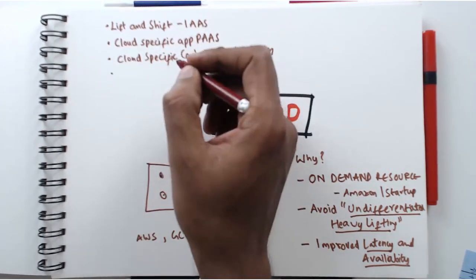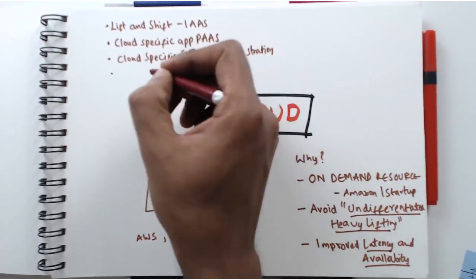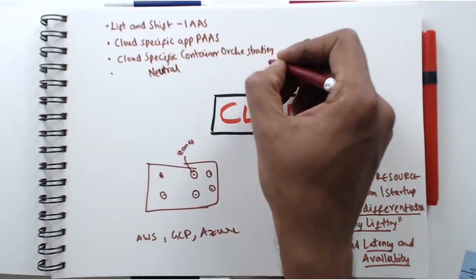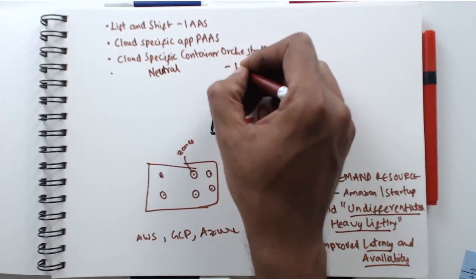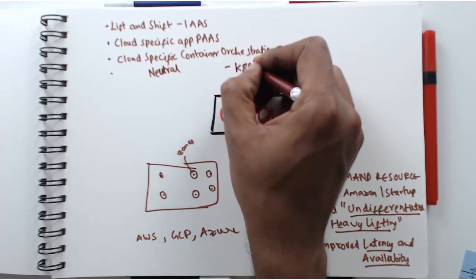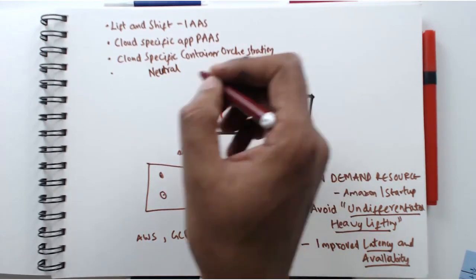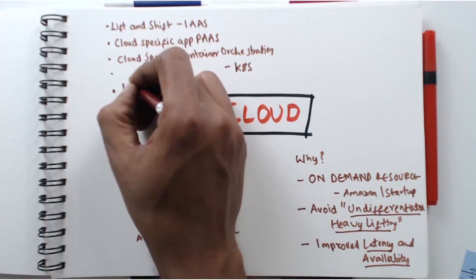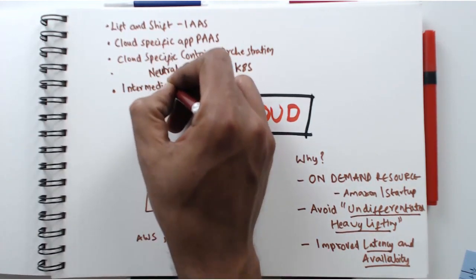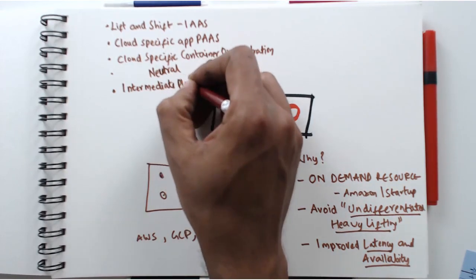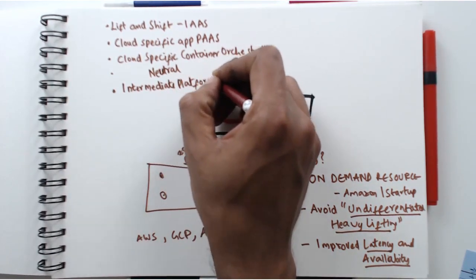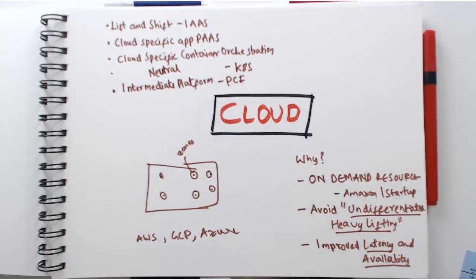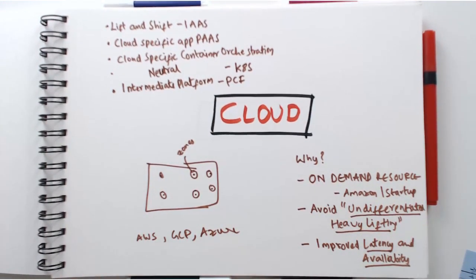The fourth option is actually cloud neutral. So instead of specific, this is neutral. So cloud neutral container orchestration, typically using Kubernetes. The last option is also very interesting. You have an intermediate platform. Instead of going to the cloud directly, you can go through an intermediate platform called PCF or OpenShift, things like that. So these are all the options that you have to go to the cloud.